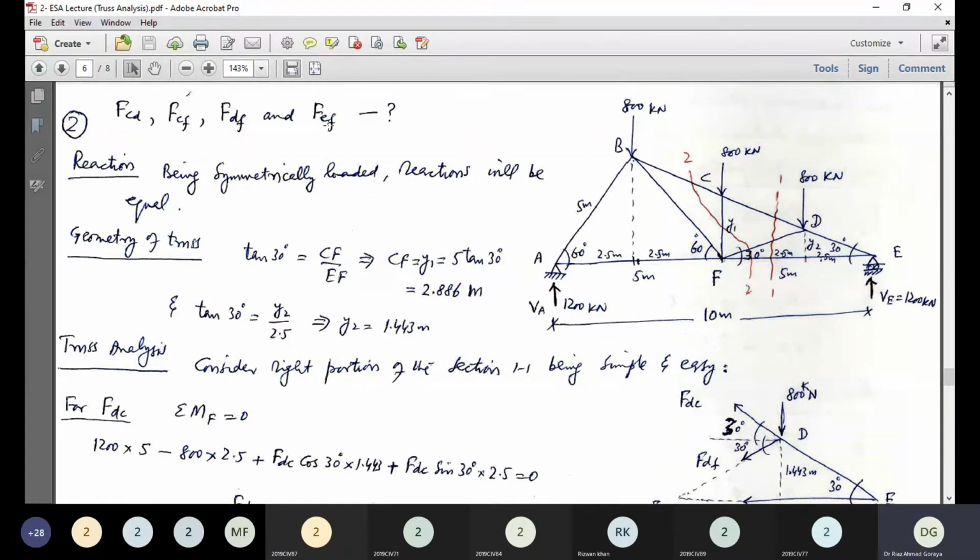So again this is subjected to 800 kilonewton, 800 kilonewton, 800 kilonewton. और अगर हम if look at the geometry of the truss, we can conclude that this truss is symmetrically loaded.